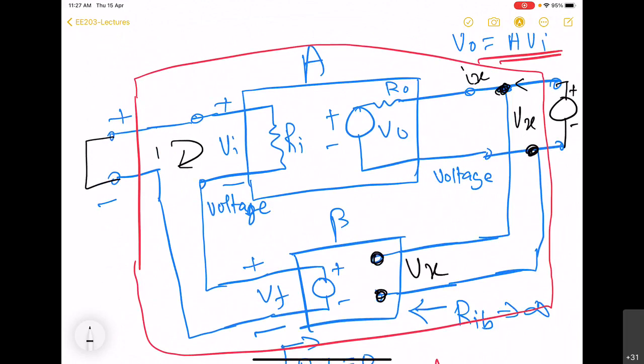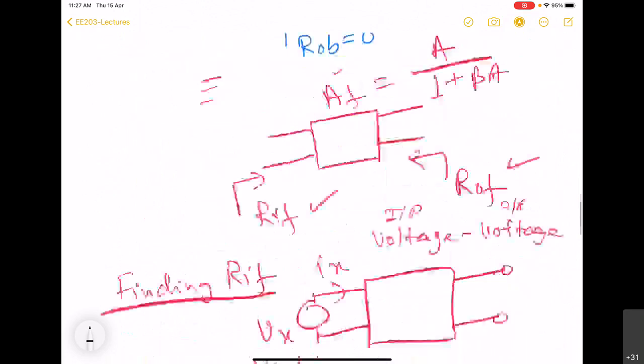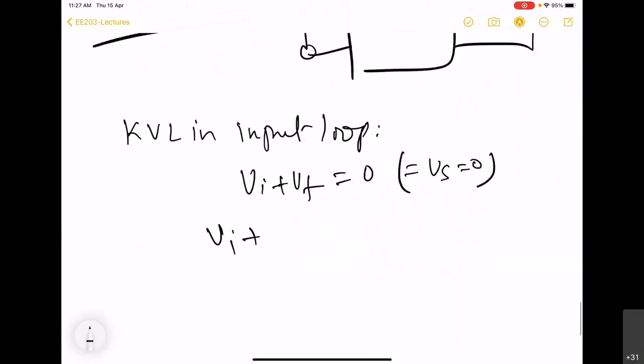So here what we have is Vx. So this Vf is now going to be beta into Vx. So this is Vi plus beta into Vx is equal to 0. So Vi is minus beta Vx.